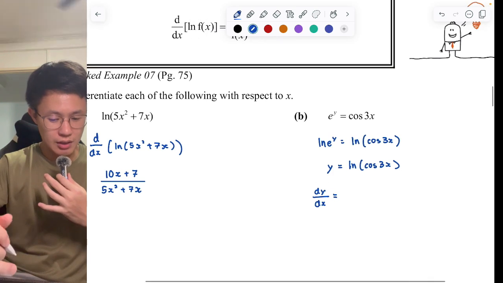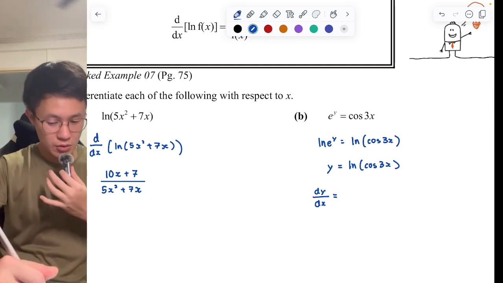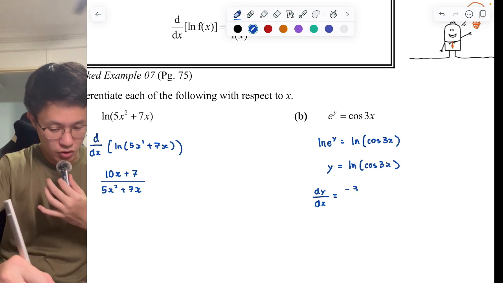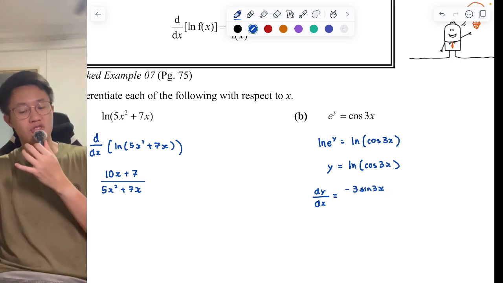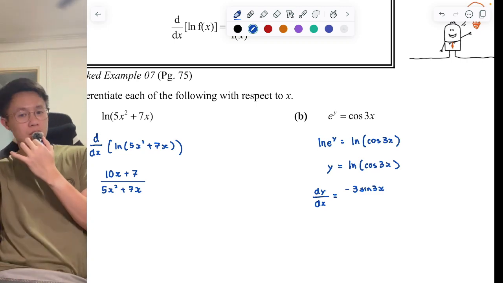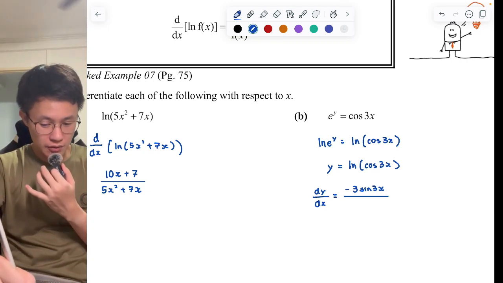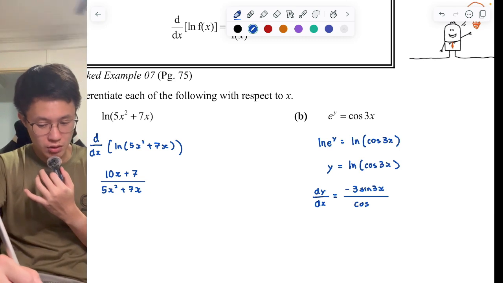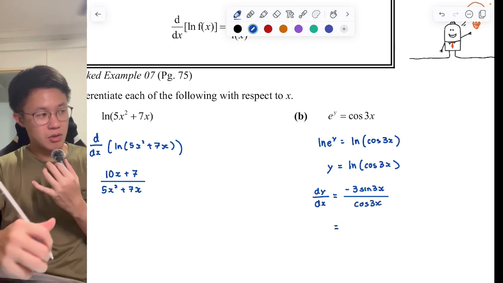This is simply differentiating what is inside first, which is cosine 3x. If you differentiate cosine, you get negative 3 sine 3x. Where did this 3 come from? I differentiated the 3x inside. So there's a bit of chain rule of trigo involved here, and it's divided by cosine 3x, the original function. Of course, you can do your magic using trigo laws.